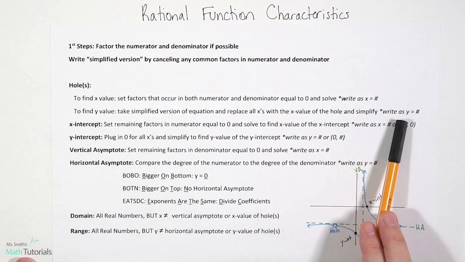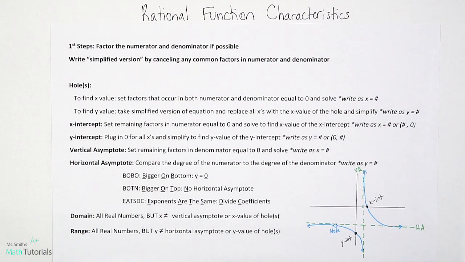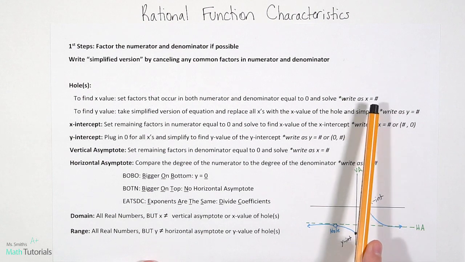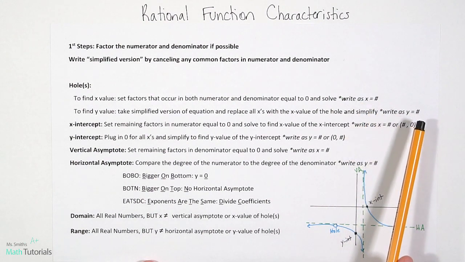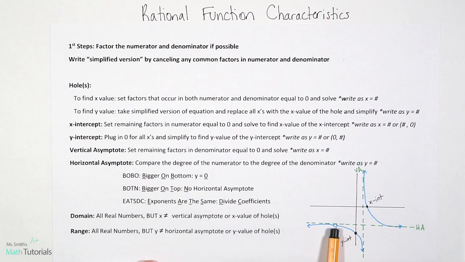We'll write that part as y equals whatever we get. Our final answer would be written as there is a hole at the point (x, y), whatever our two values here are. That will tell you the coordinates of where the hole actually is. Sometimes you won't have a hole, and that's okay. This is just a way to tell if you do.